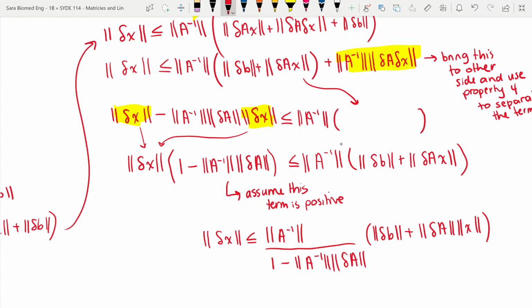So I would say the next step I will try is to divide both sides by norm of x. So now we're going to divide both sides by the norm of x, because right now the only delta x term is on the left-hand side already, so the only thing missing is the norm of x.